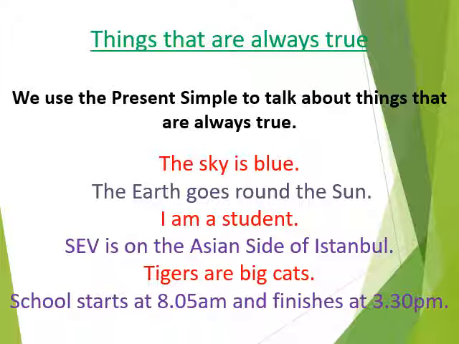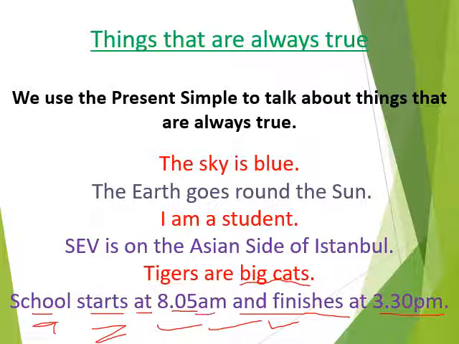It's a fact. And we can say also that tigers are big cats. It's a fact also. School starts at 8 a.m. and finishes at 3 p.m. It's the same also because it's a fact in our life. It's also a routine.